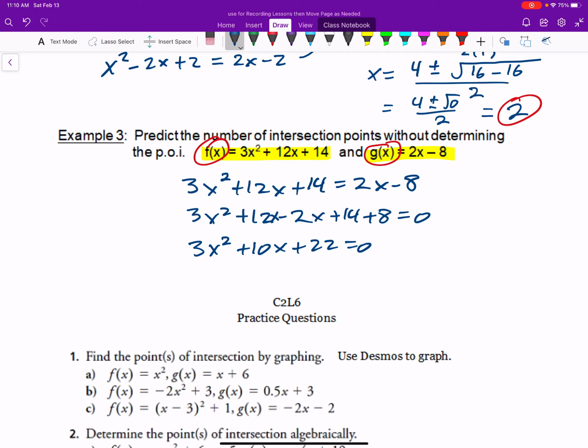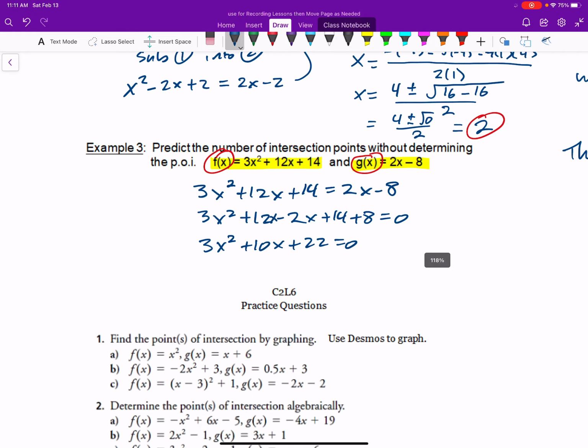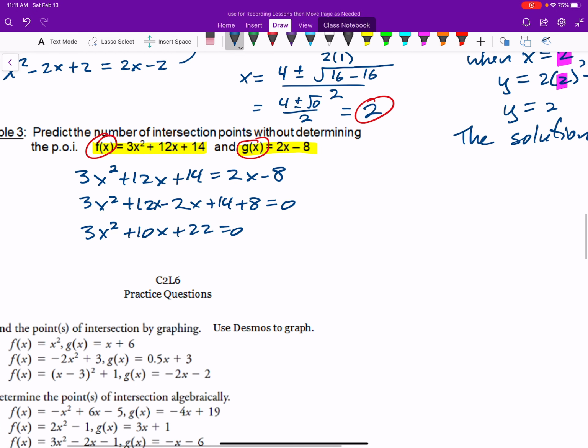Remember, the way of finding the number of zeros without actually calculating the zeros when you've got it in standard form is to use the discriminant, and that would be b squared minus 4ac. If b squared minus 4ac is greater than 0, there's going to be 2 solutions, so 2 POIs. If it's equal to 0, there'll be 1 POI, and if it's less than 0, there'll be no solutions.